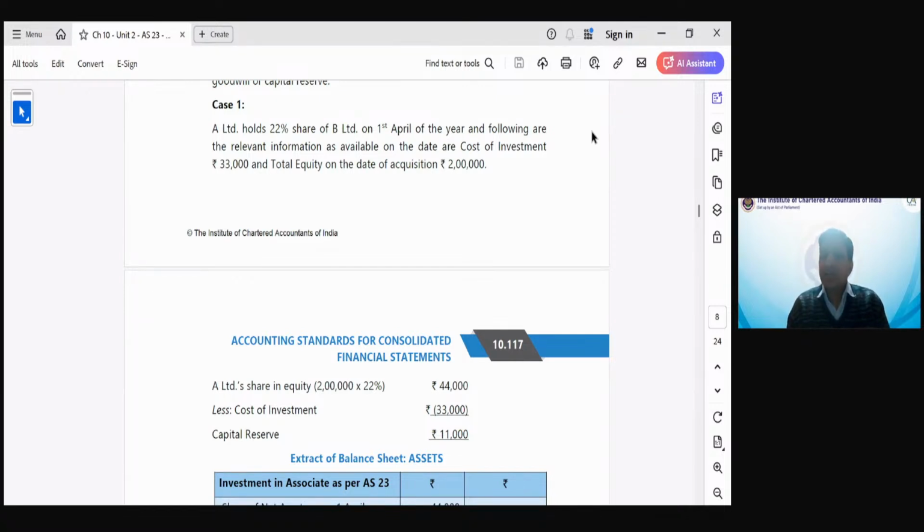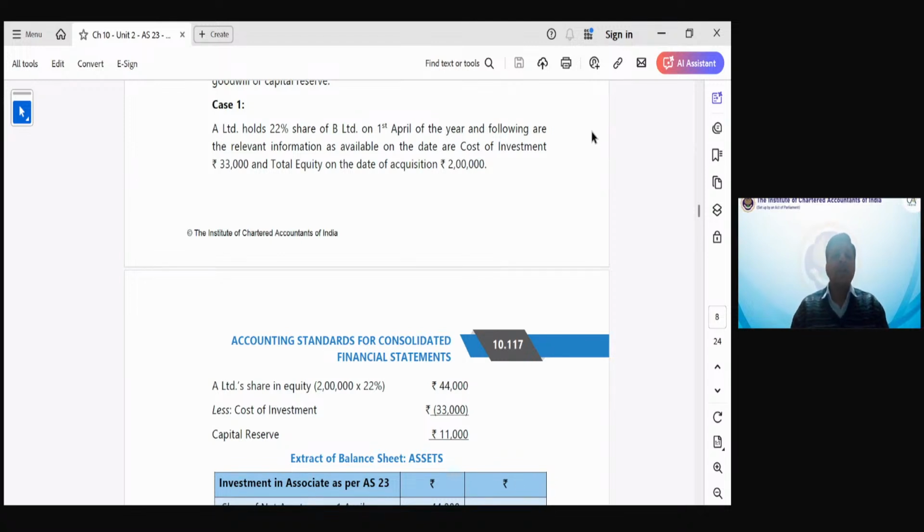Okay, so let's look at this example. Case 1. A Limited holds 22% shares of B Limited on 1st April of the year, and the following is the relevant information available on the date. Cost of investment 33,000 and total equity on the date of acquisition 2 lakh. Now in this case, what will you do?